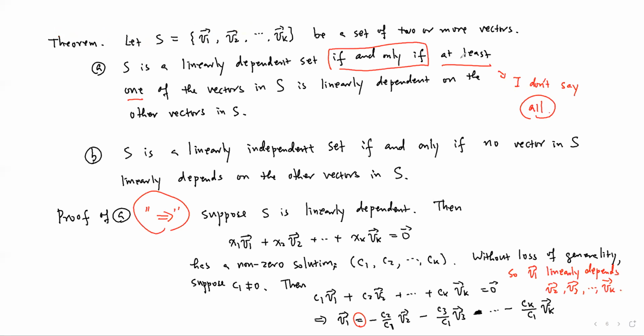Suppose one vector in S linearly depends on the other vectors in S. Yes, the reverse direction: at least one vector depends on the other vectors.